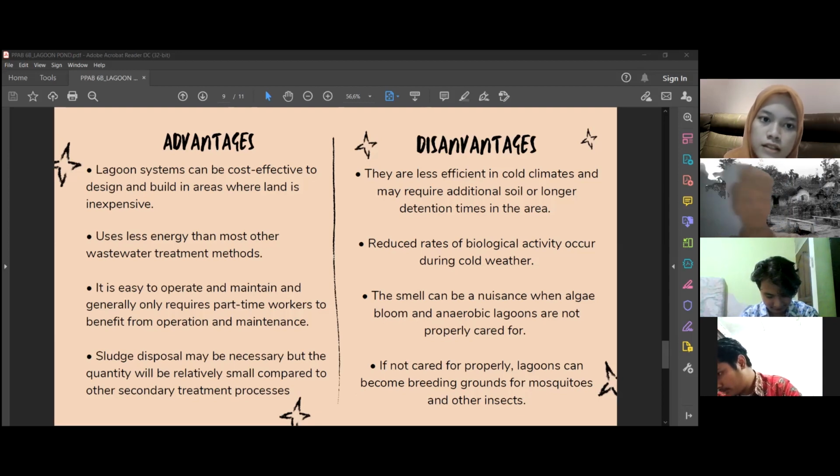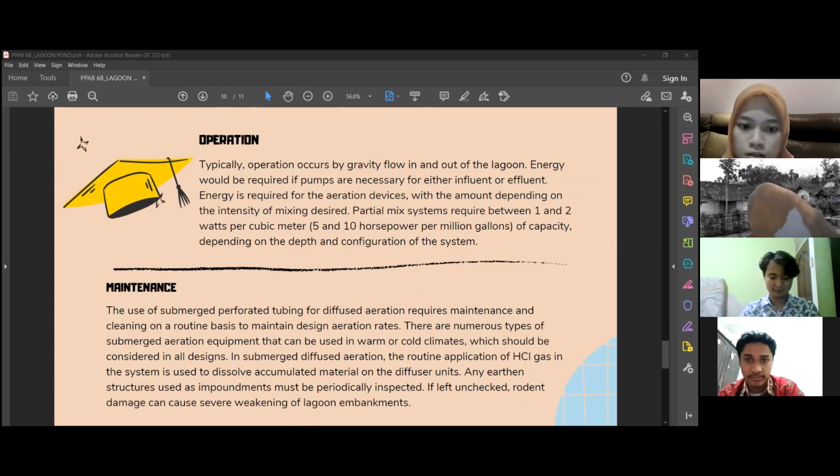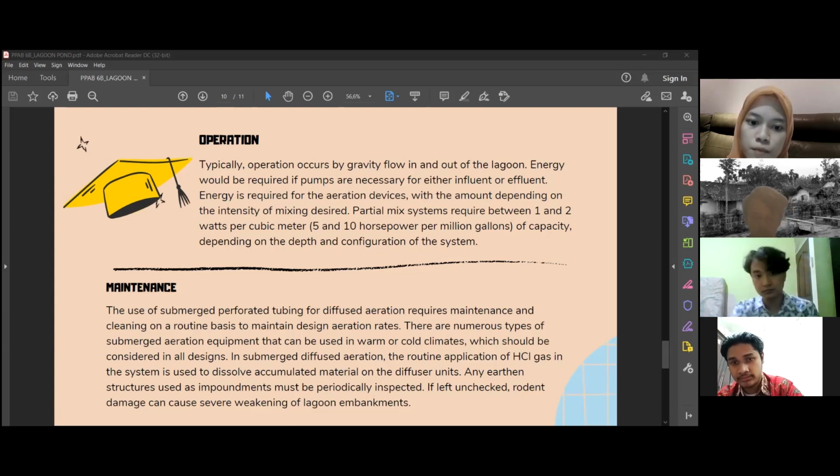Next is operation and maintenance. The operation begins with the wastewater treatment process with a lagoon or pond, which is to accommodate wastewater in a large pond with a long enough presence time, so that with the activity of microorganisms that grow naturally, pollutant compounds that occur in water will decompose.